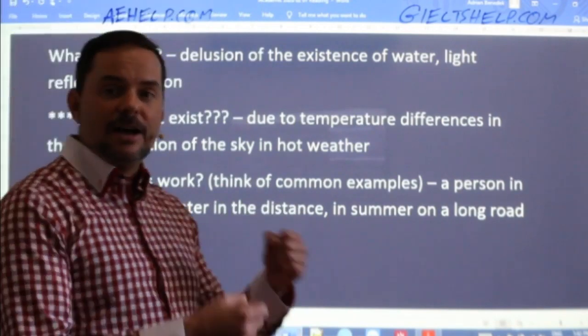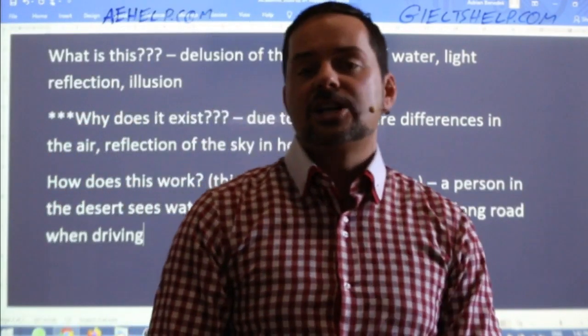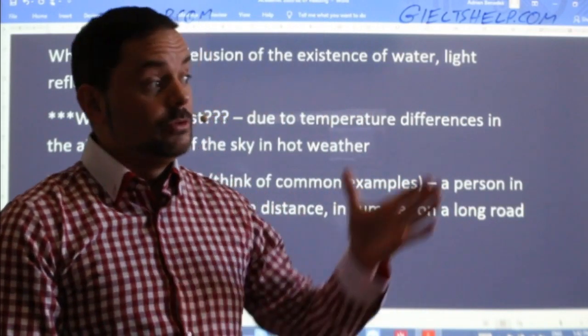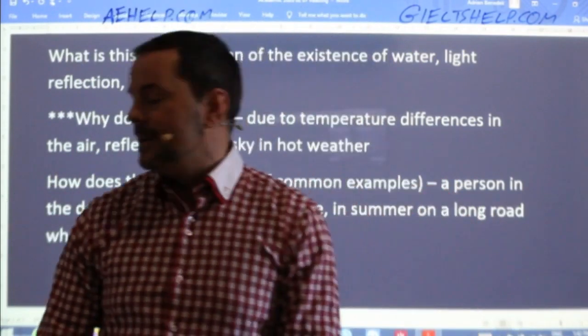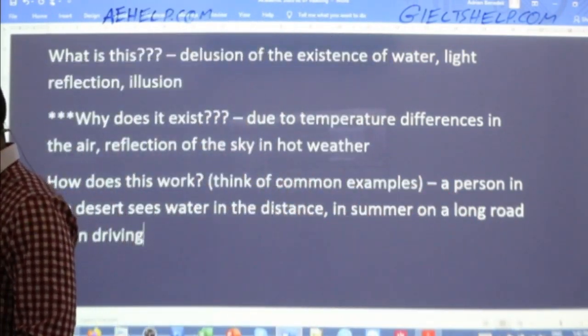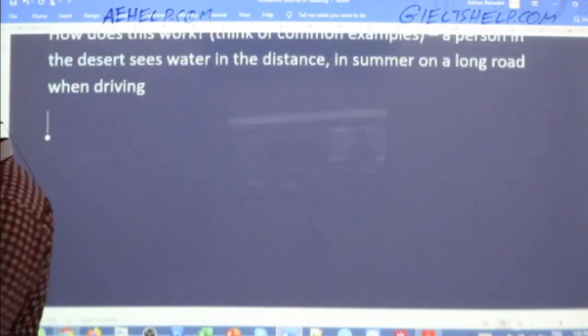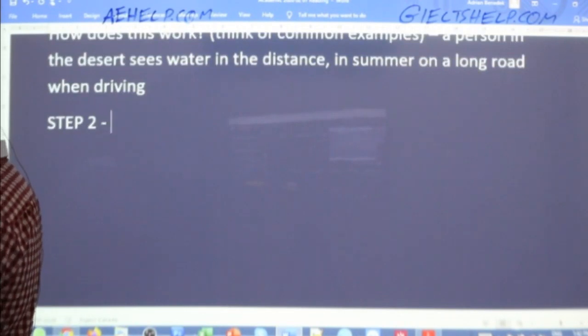So, when you're driving along and you have a nice straight stretch of highway or asphalt, then suddenly you see, hey, it looks like there's water on the road, but maybe not. Okay, good. So, that's what you're doing. So, that's your step number one.